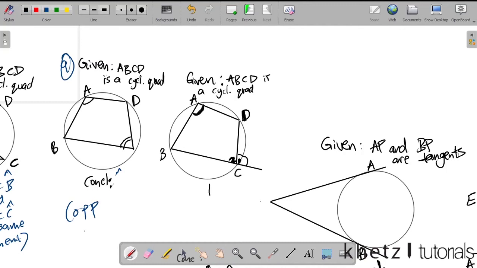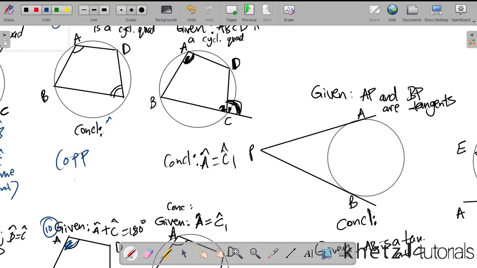Okay, so what can we conclude from this? If we were given ABCD is a cyclic quadrilateral, we can actually conclude that A is equal to C1. So this A over here is equal to this C1 over here. And the reason for that would be exterior angle of a cyclic quad.